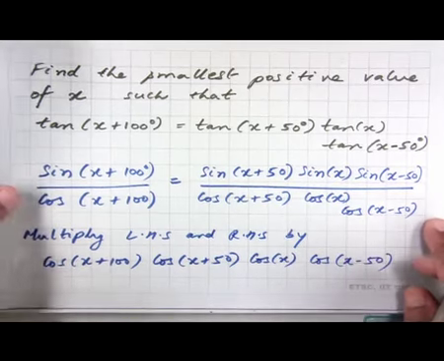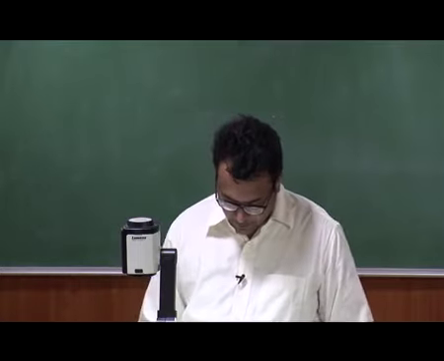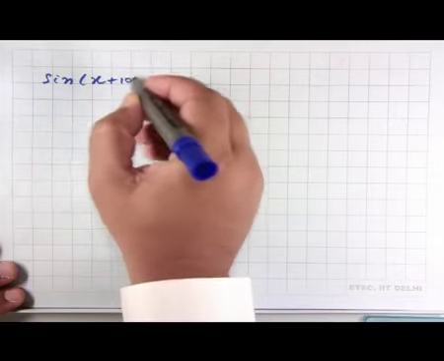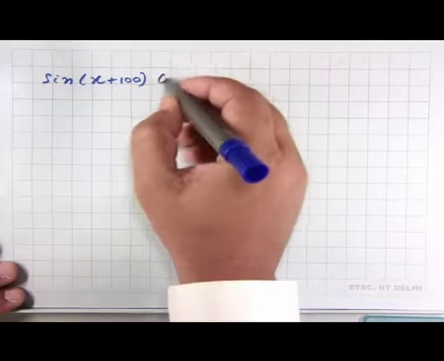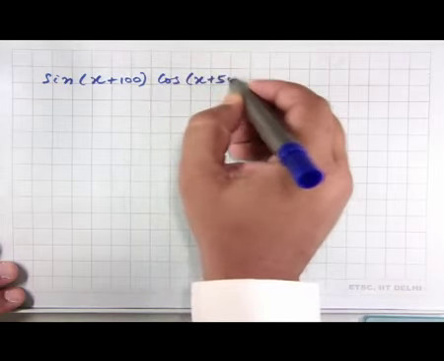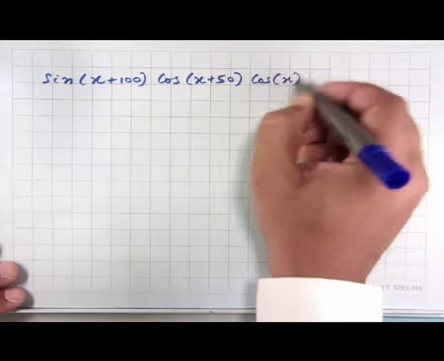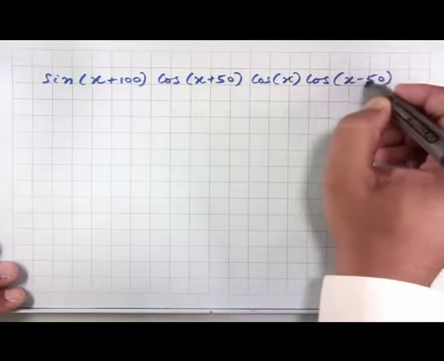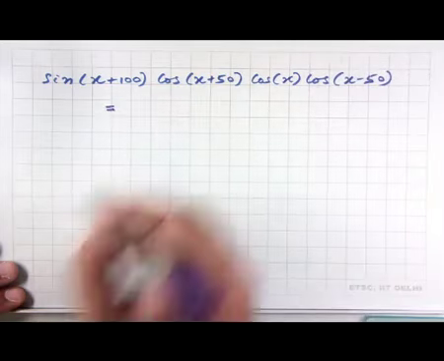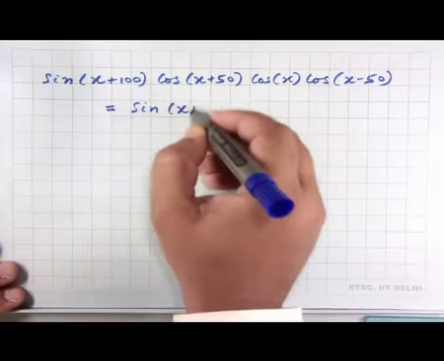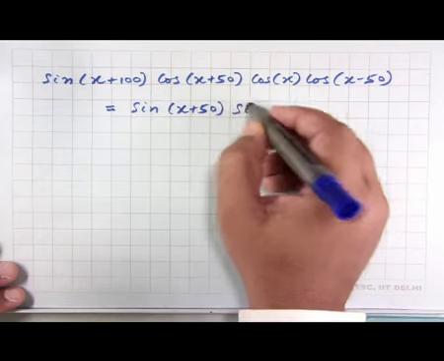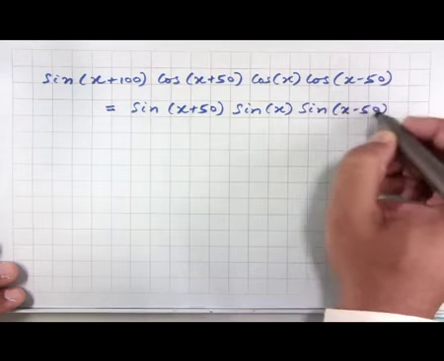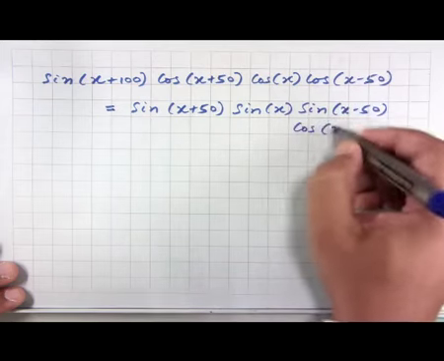And then after this multiplication, what we end up getting is sin (x plus 100) times cos (x plus 50) times cos x times cos of (x minus 50) equals sin (x plus 50) times sin x times sin (x minus 50) times cos of (x plus 100).